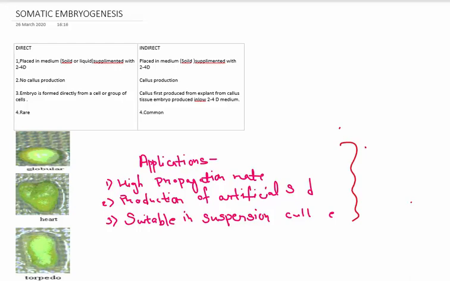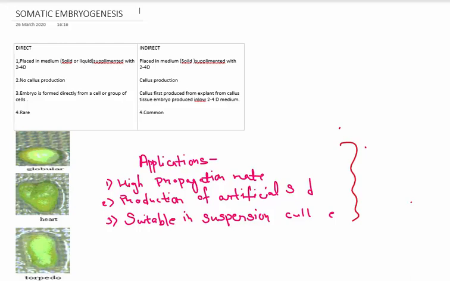So let me summarize this once again. First about the somatic embryogenesis. Somatic embryogenesis means the formation of the embryo from the somatic cells. Then it is two types. One is the direct and one is the indirect method. In the direct method, there is no intervening callus formation, but in the indirect form, the callus formation takes place.